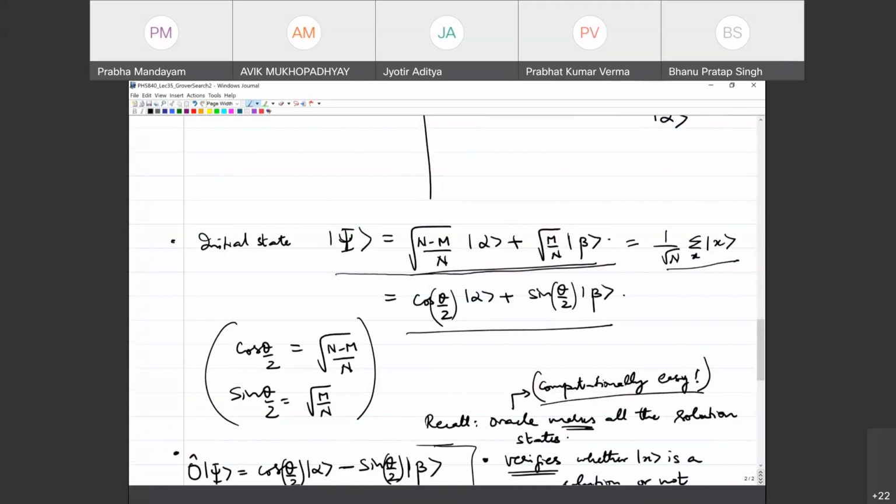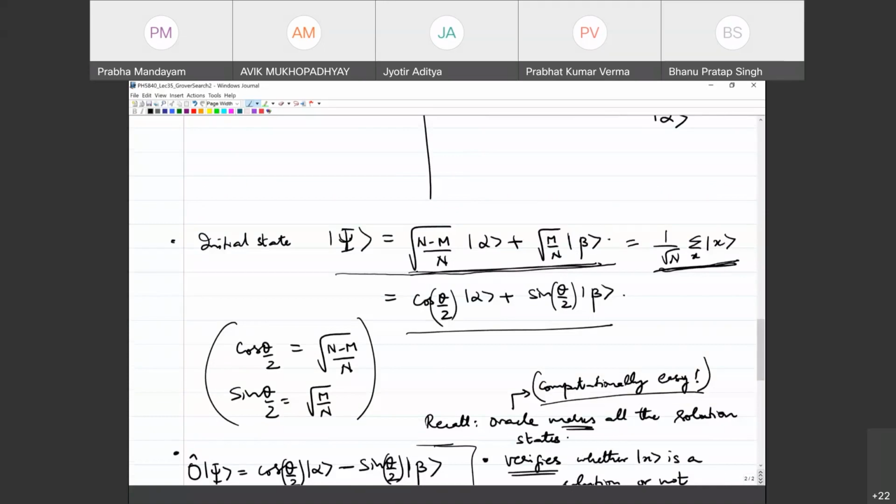It's not that we are starting off by saying here are the solutions and they belong to this set. No. You're preparing the all zero state and then you're doing Hadamard tensor n, right? So we know nothing about which are the solutions and which are not.